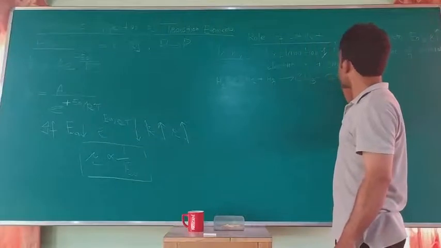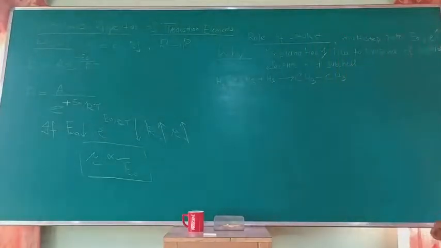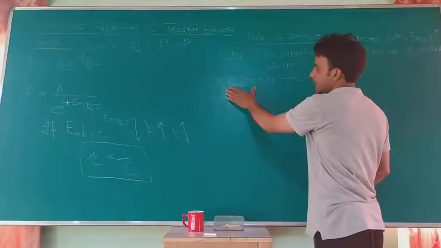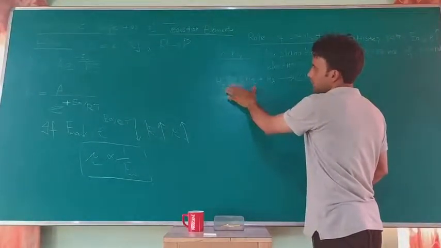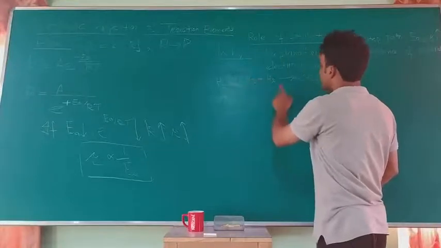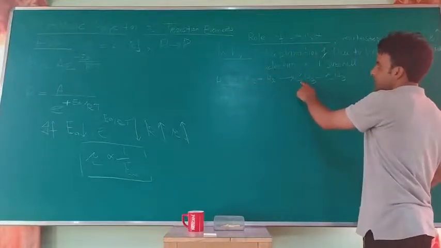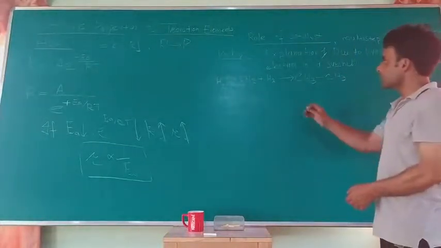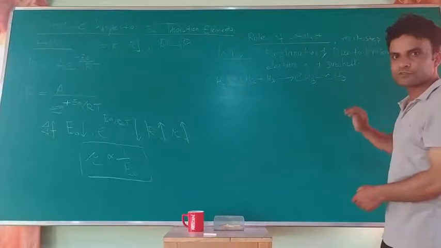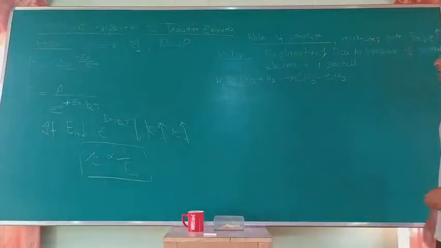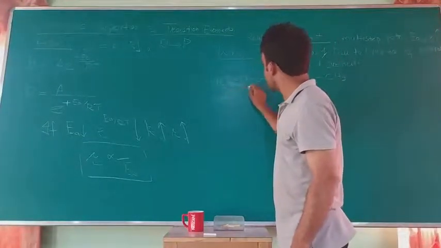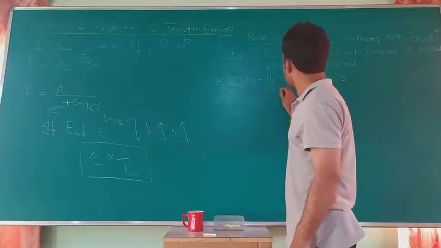This is basically an addition reaction, and here addition of hydrogen occurs across the carbon-carbon double bond, during which one double bond carbon gets one hydrogen, another double bond carbon also gets one hydrogen, and after addition the double bond carbon changes into single bond carbon in order to have tetravalency of carbon satisfied, that you all know. This is gas, this is also gas, and this is also gas.